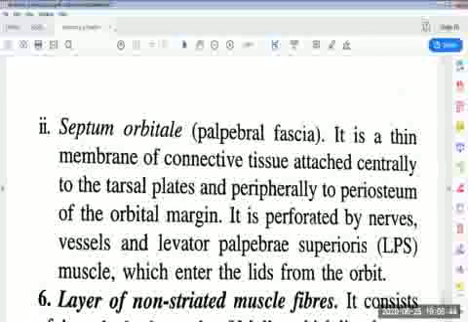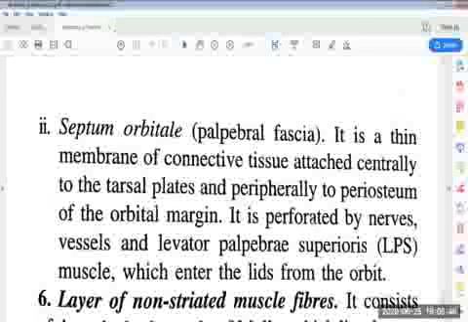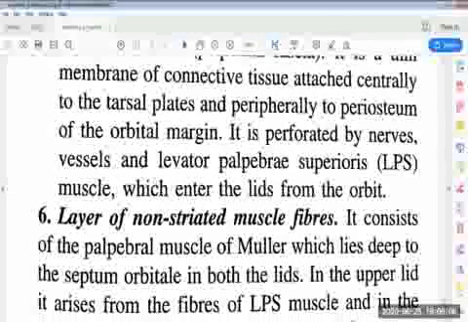It is a thin membrane of connective tissue attached centrally to the tarsal plates and peripherally to the periosteum of the orbital margin. It is perforated by nerves, vessels, and a muscle called the levator palpebrae superioris, which enter the lids from the orbit.